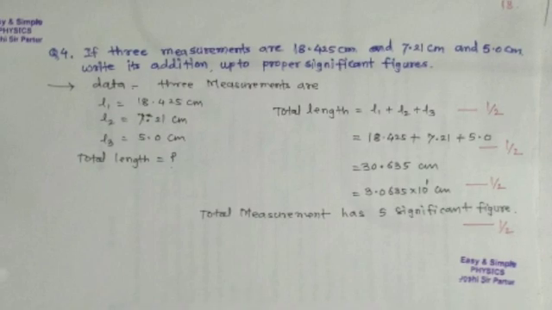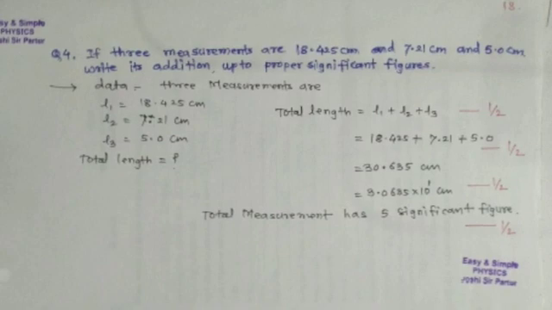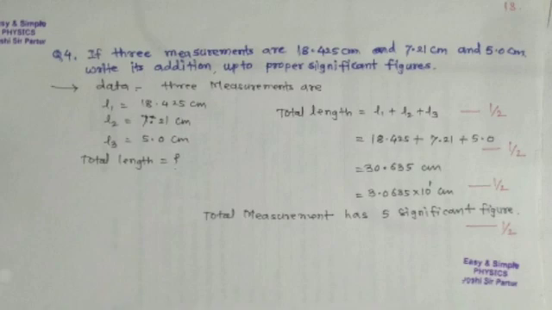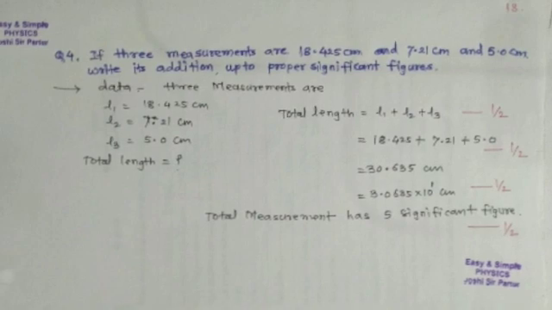So the total measurement has 5 significant figures. Here half mark for formula, half mark for substitution, 1 mark for correct answer, or half mark for the answer and half mark for the correct answer.